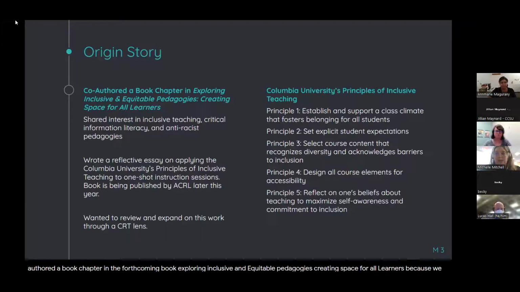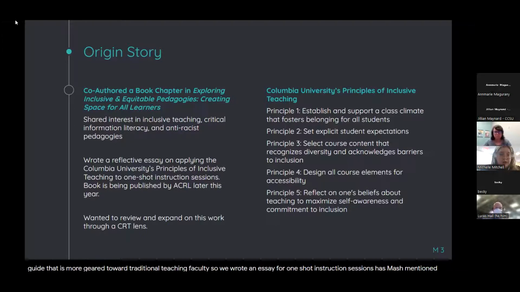The book chapter that we wrote is primarily a reflective essay about applying the principles of inclusive teaching from Columbia University's guide that is more geared toward traditional teaching faculty. So we wrote an essay for one-shot instruction sessions. As mentioned earlier, it's being published later this year by ACRL.